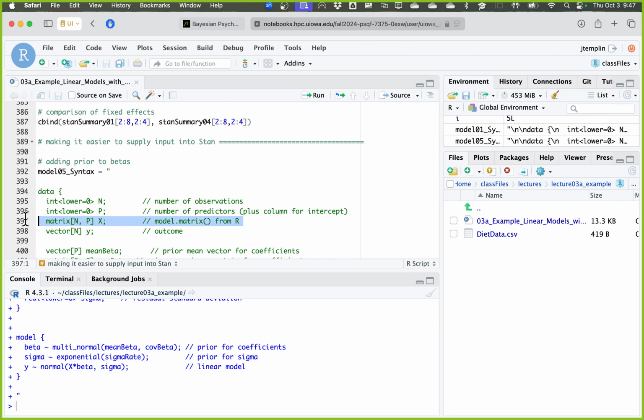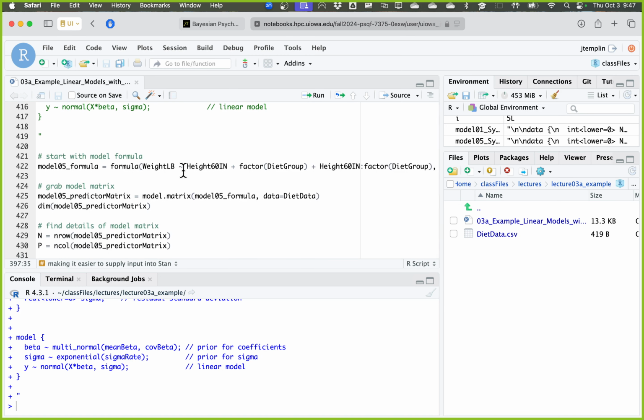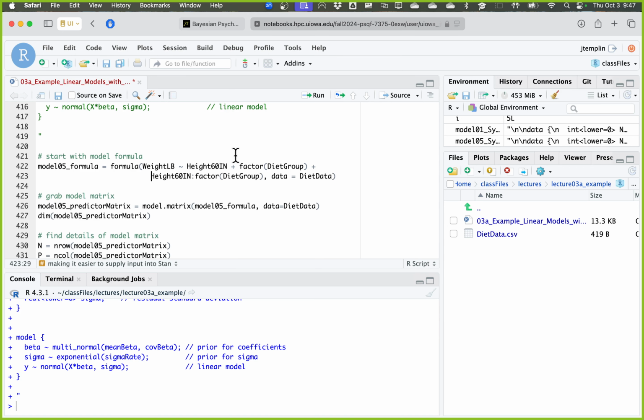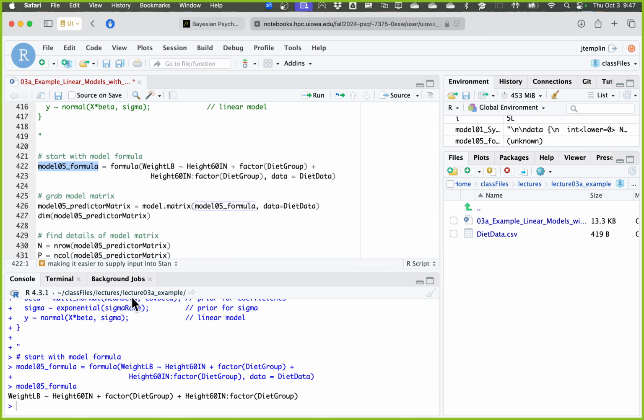The hard part is x, but it turns out R makes it not so hard. There's a function in R called model.matrix. Model.matrix will take your linear model. Let me just make this a little bit easier. So here's the formula for our linear model. When I create this, it shows in R there's a type of object called formula.